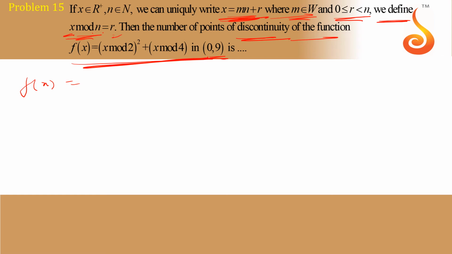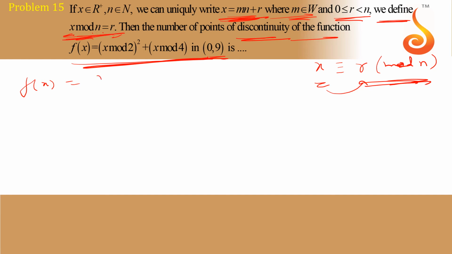So that x is congruent to r. This is called the modulo definition. So x mod n is equal to r. Somewhere you might have seen x is equivalent to r under modulo n also, the same definition. So here we are defining like this.